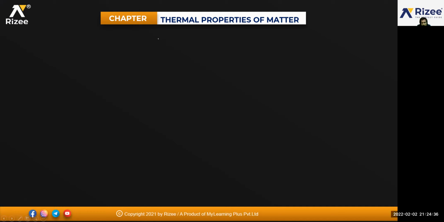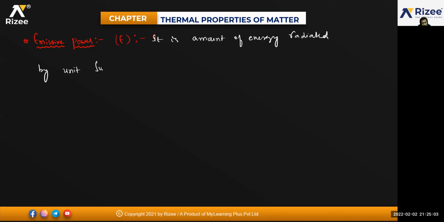So it is the amount of energy radiated by unit surface area per second at a given temperature in a given wavelength range.